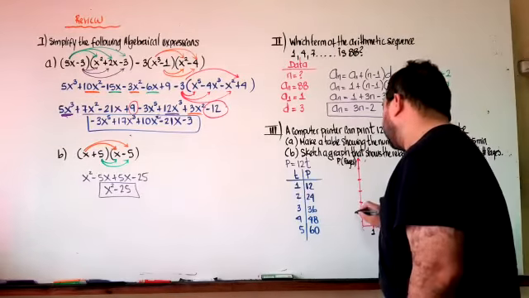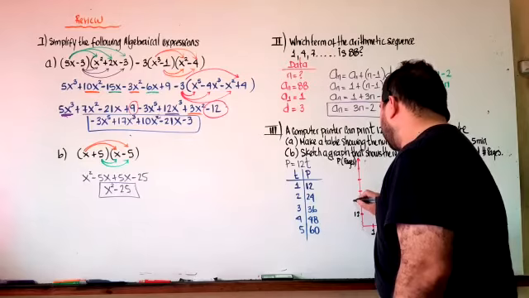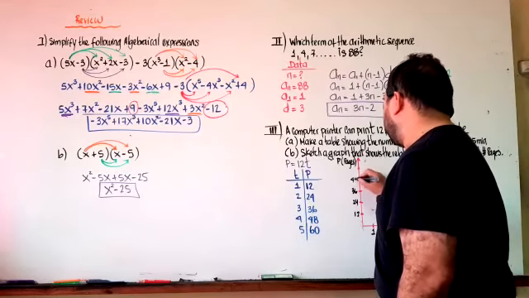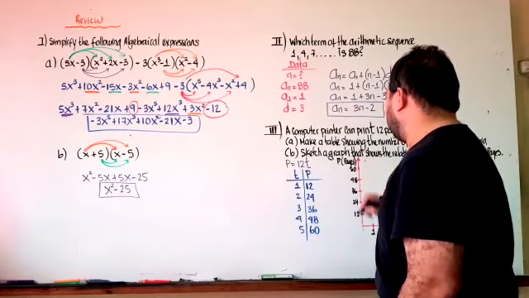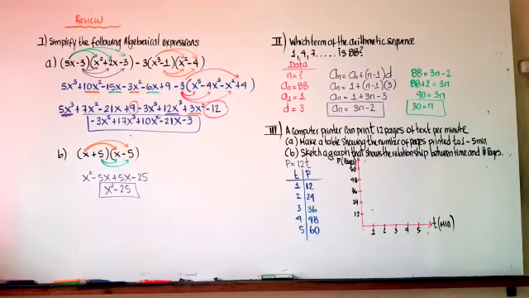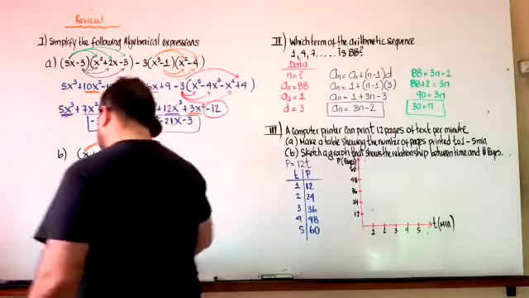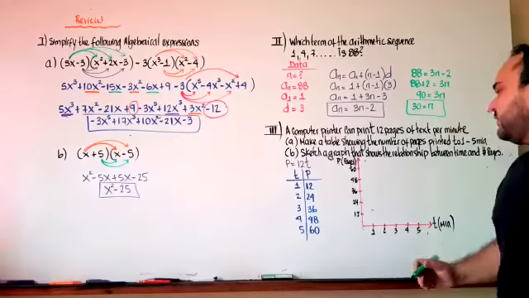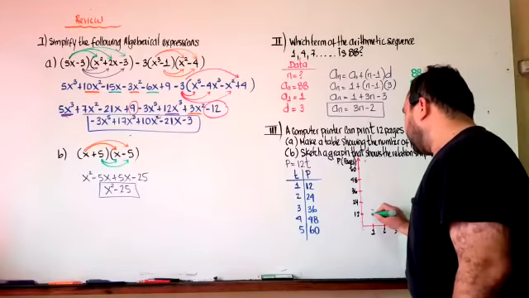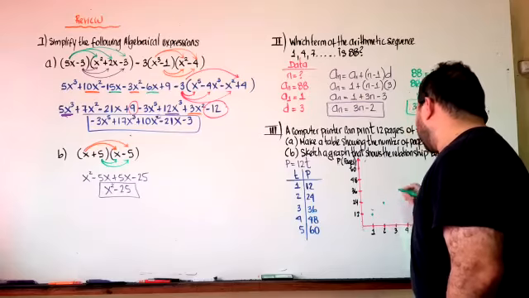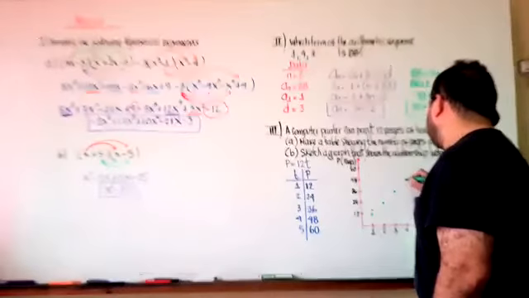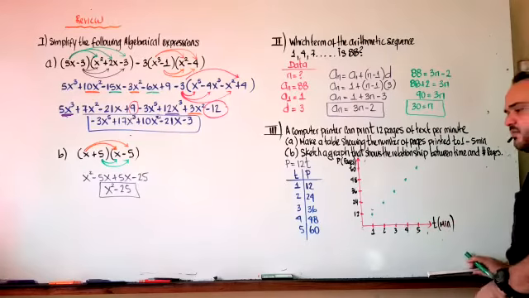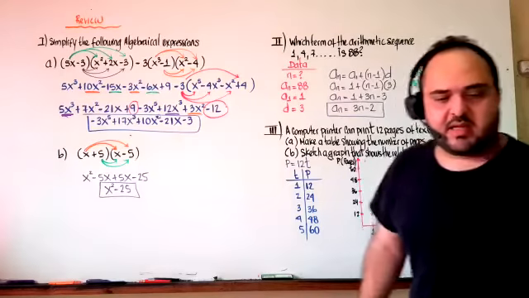We won't have enough space. So 12, 24, 36, 48, and 60. Now let's go to the table and this equation, this line. For example, 1 with 12, 2 with 24, 3 with 36, 4 with 48, 5 with 60.